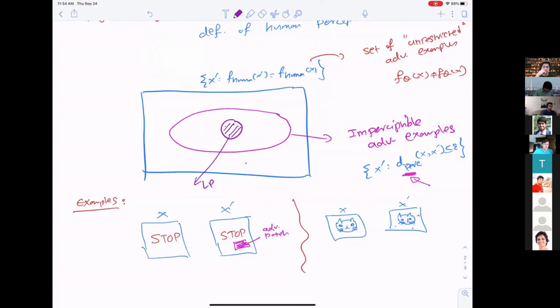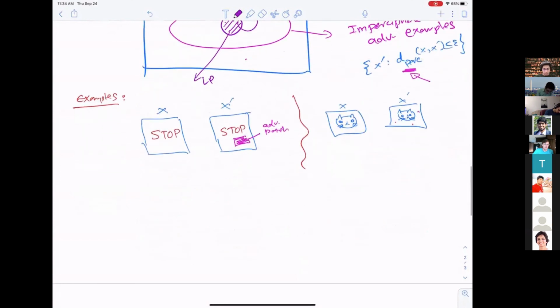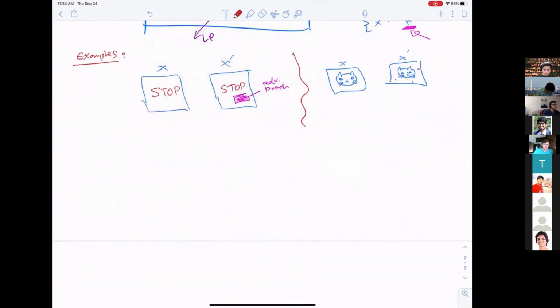Or you can have some other constraints for your perturbation noise in order to make sure that the difference between X and X prime is sufficiently small and humans won't be able to detect such changes in your X and X prime. All right, so that brings us to the idea of threat models. It's very simple. We are going to assume X prime is within a threat model of X with a budget of epsilon.